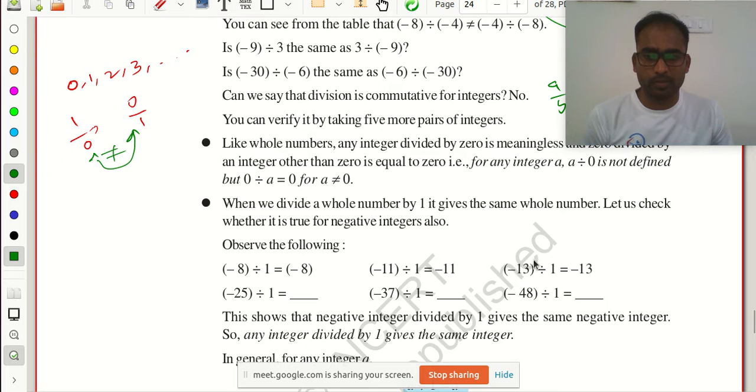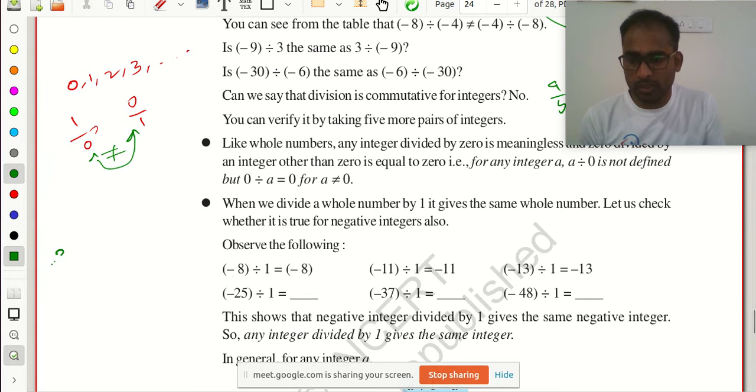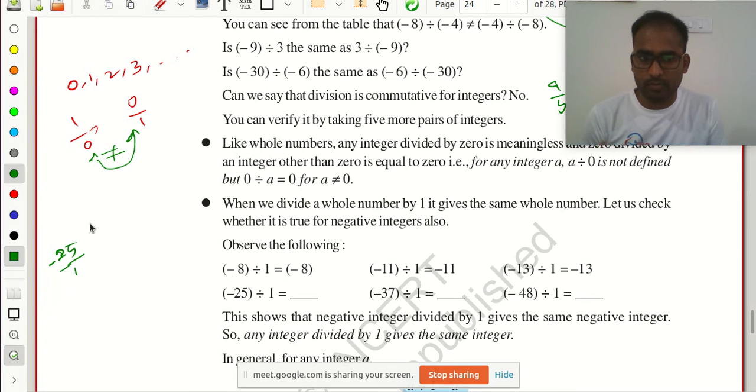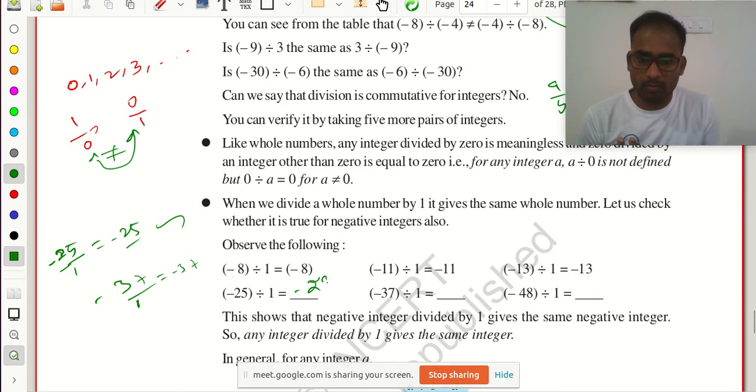Okay, very good. So, what happens when we divide an integer by 1? Here minus 8 divided by 1 is minus 8. Minus 11 divided by 1 is minus 11. Minus 25 divided by 1 is how much? Minus 37 divided by 1, here minus 48.